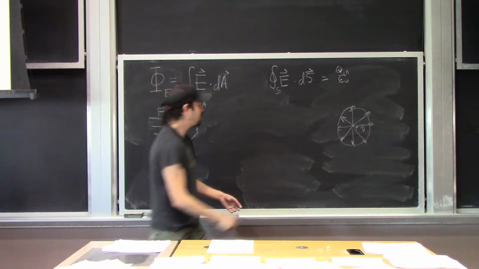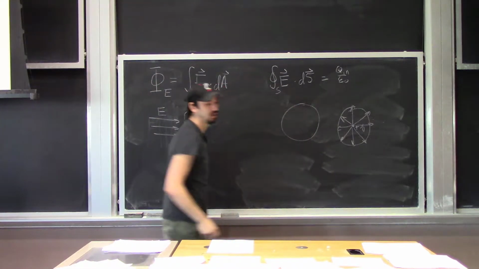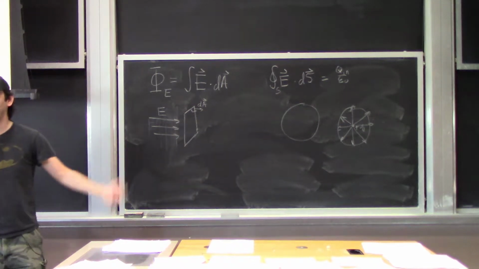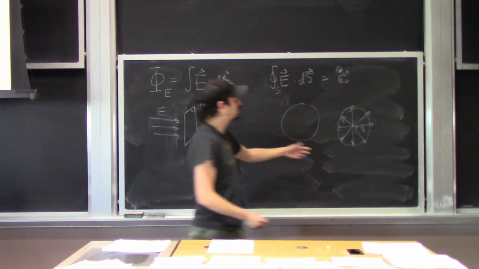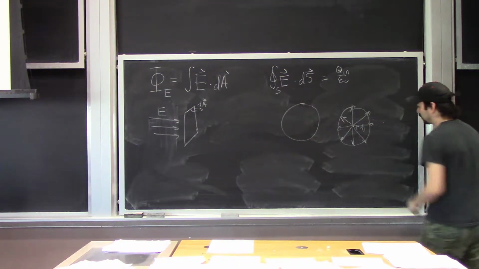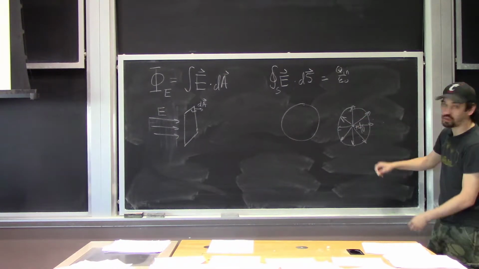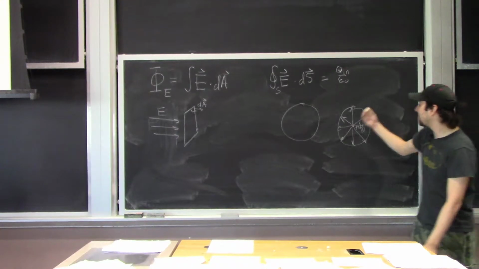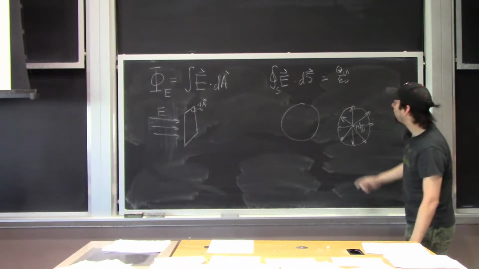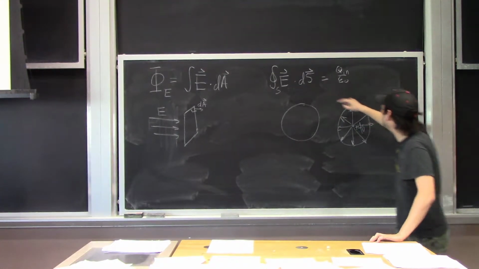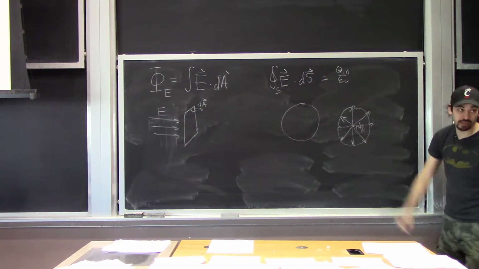If I have some surface where there's no charge on the inside, there's not going to be any flux leaving it. If I have some plus Q here, there's going to be some amount of flux leaving it. But if this is larger, the flux is going to be larger. So by adding up all of the little pieces of electric field that are leaving the surface, we can say something about the total charge that's inside it.